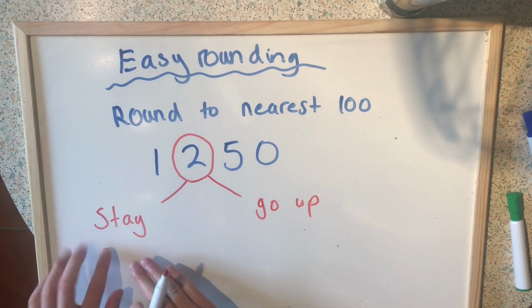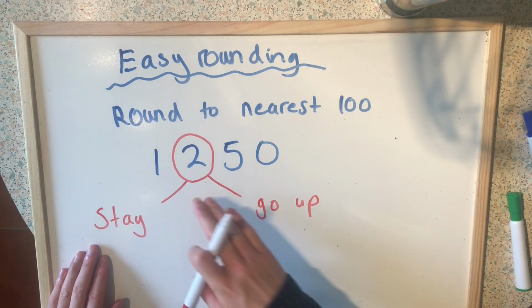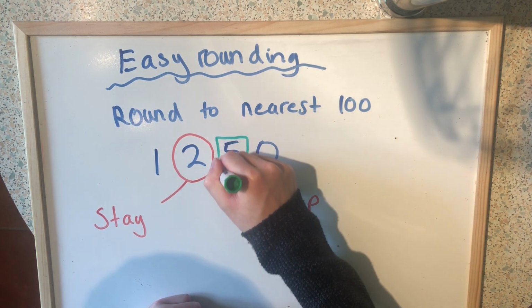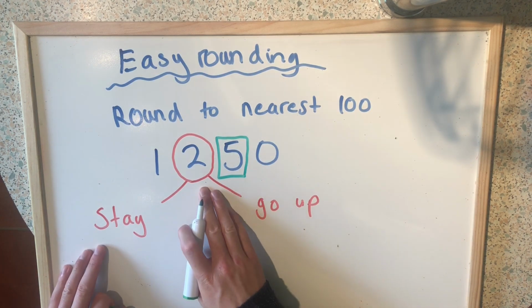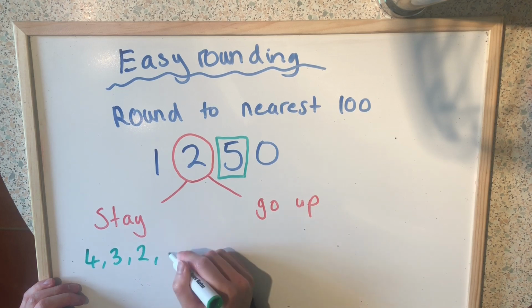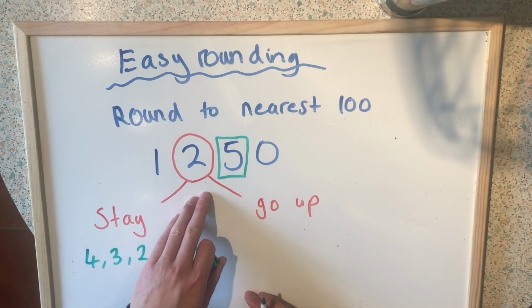Okay, and it will stay if the number next to it, the number on the right, the 5, is 4, 3, 2, 1, or 0. It will stay as 2.